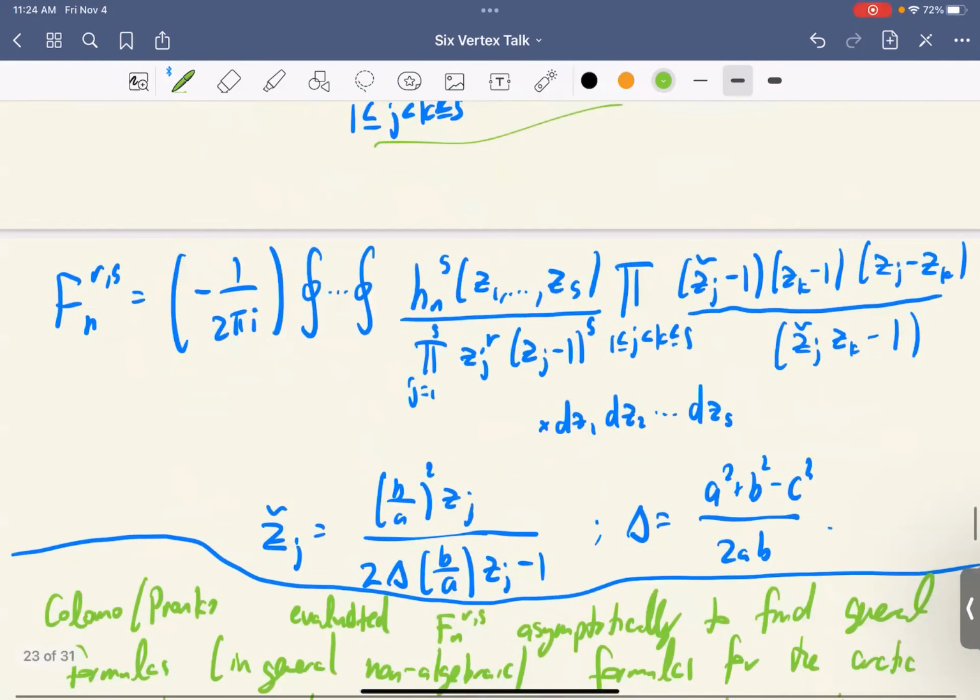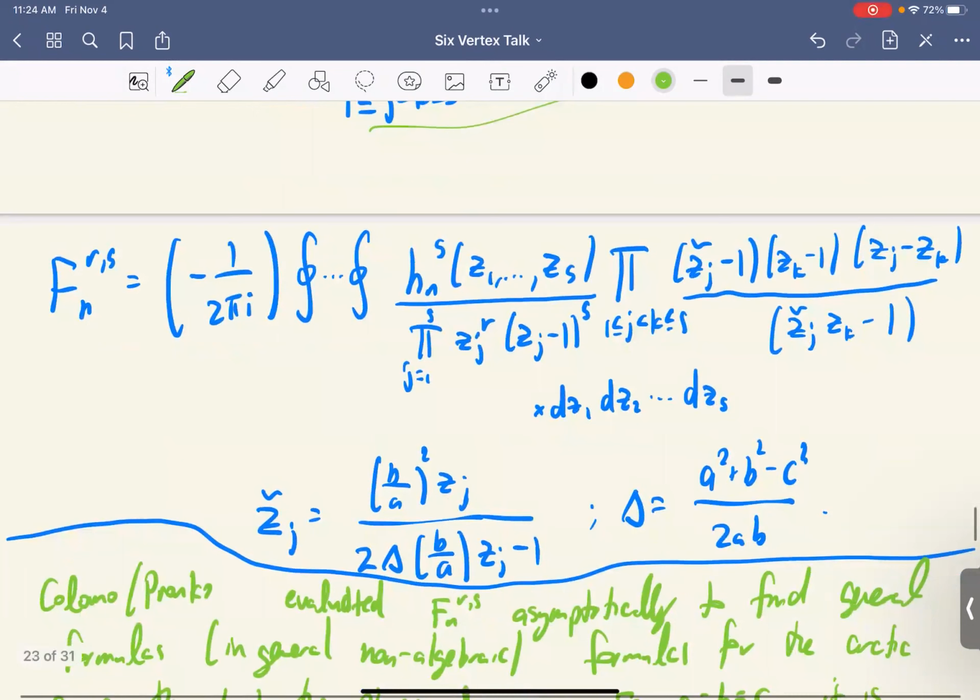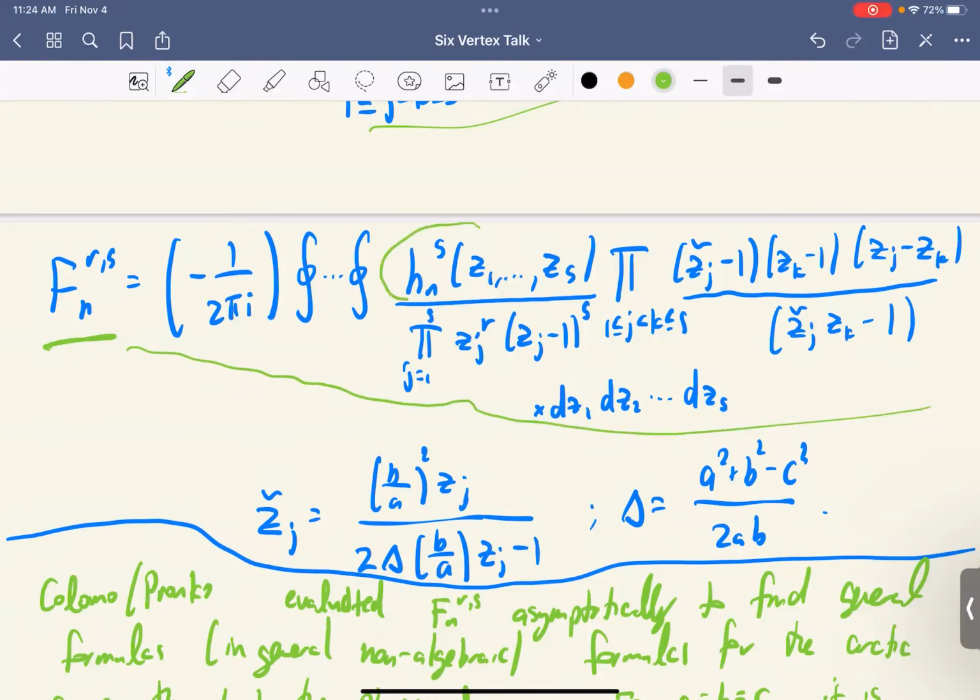So it's some kind of multivariable generalization. And then here's one of their formulas for the emptiness formation probability. It's a big multiple integral. One of the ingredients is that S variable generalization of the generating function for lambda n, and there's some other factors. It's kind of hard to work with.